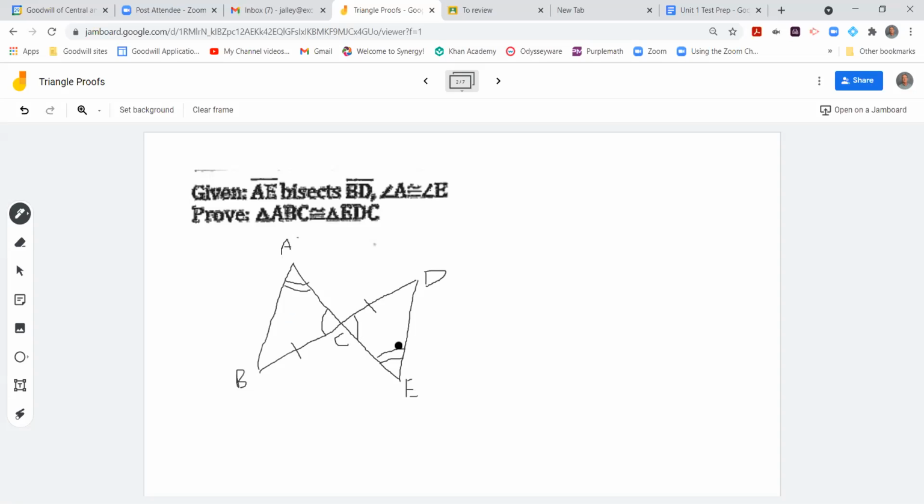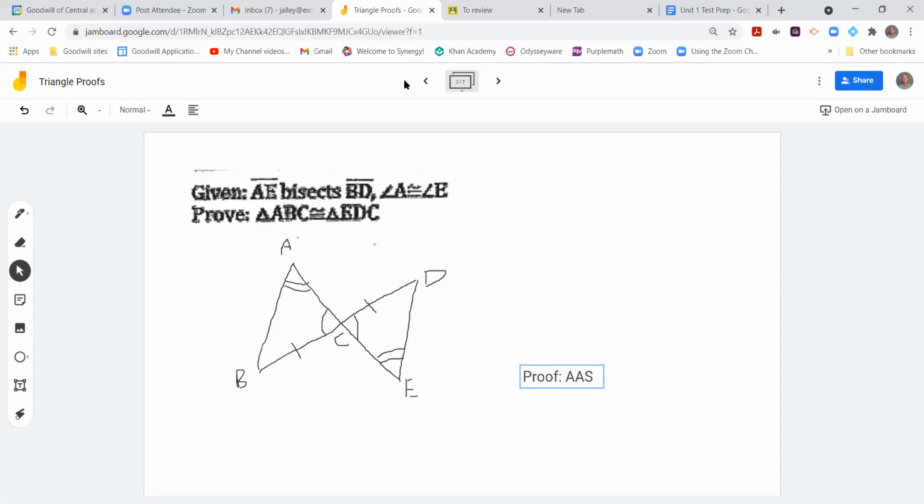If I follow the triangle around, angle, side, angle. Remember, the side is going to be opposite the other congruent angle. So your end proof is going to be angle side angle.